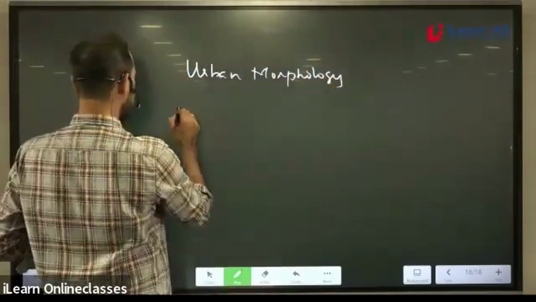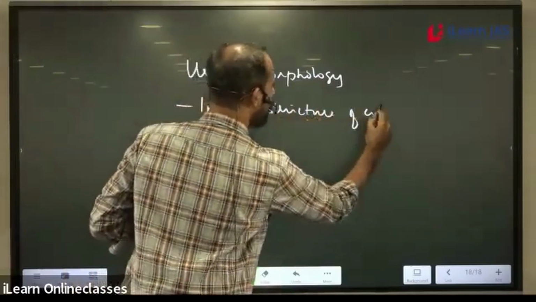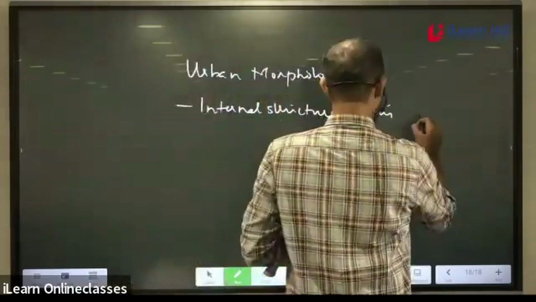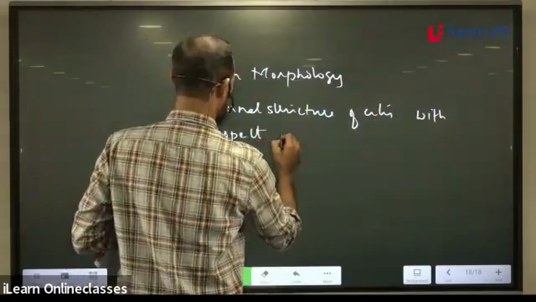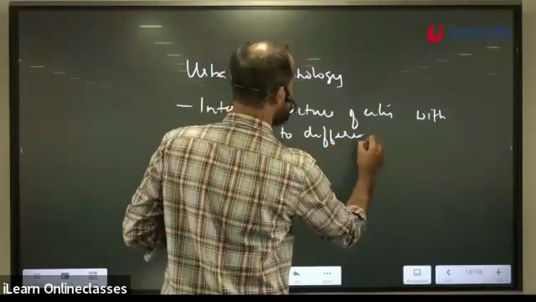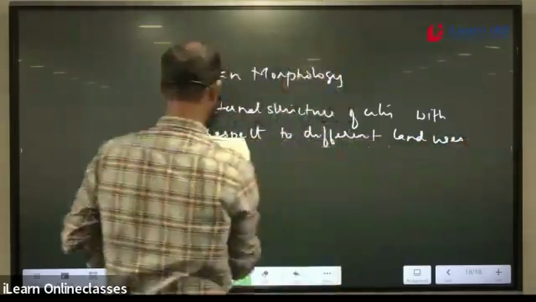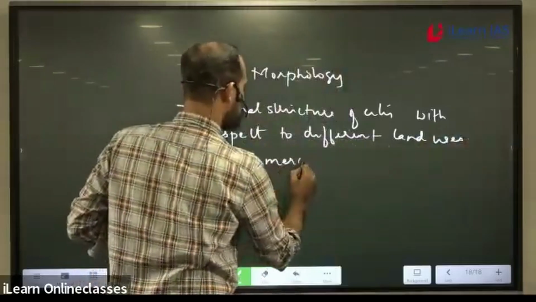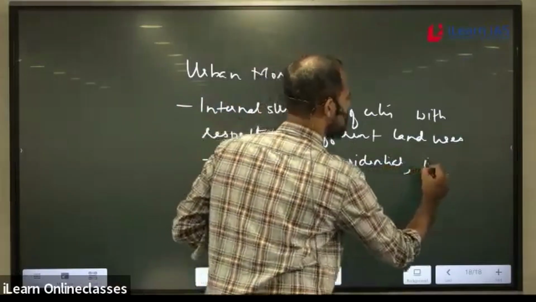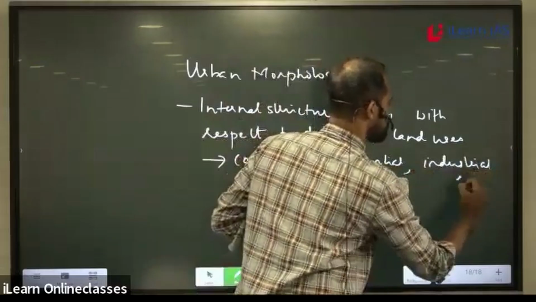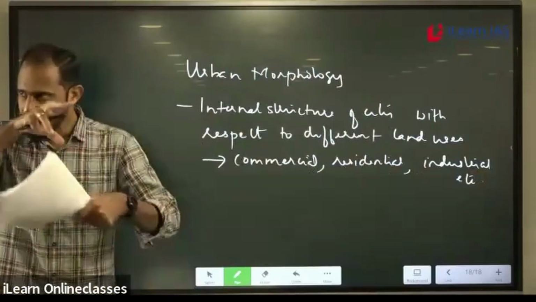Urban morphology is about the internal structure of a city with respect to different land uses, like commercial, residential, industrial, etc. Okay, so what is the structure of cities with respect to placing of these activities?